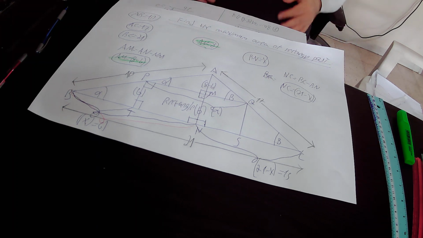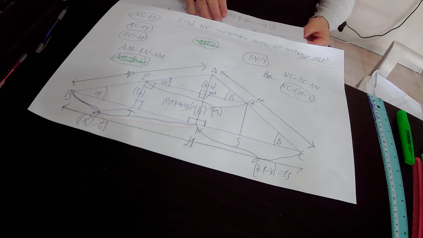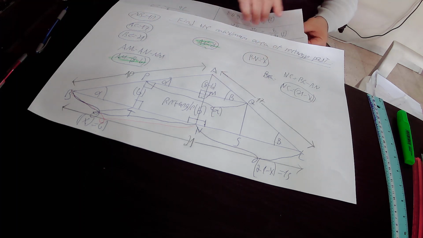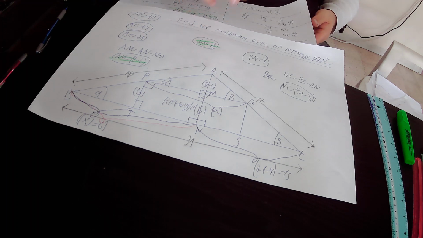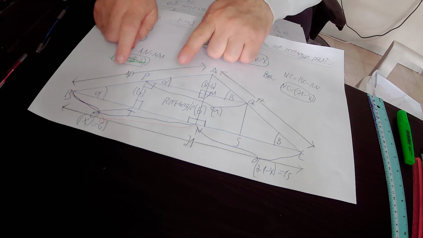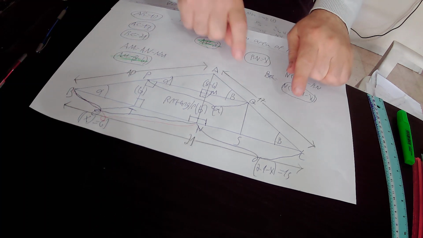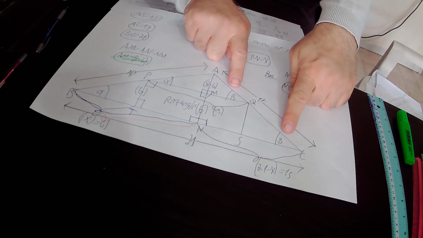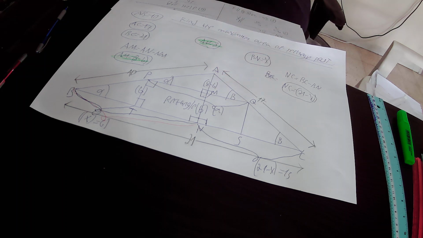So in the next step, we prove that the big triangle ABC is similar to the small triangle APQ. So why is the big triangle ABC similar to the small triangle APQ? First of all, those two angles are both equal to alpha, therefore they are equal to each other. In addition, those two angles are both equal to beta, therefore they are equal to each other. And finally, this is angle A, a common angle that belongs to both triangles.